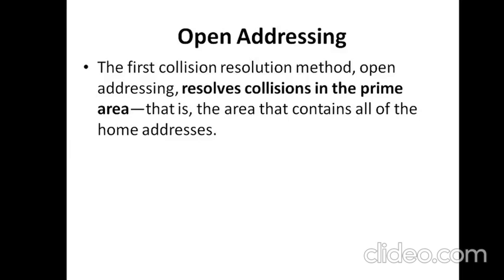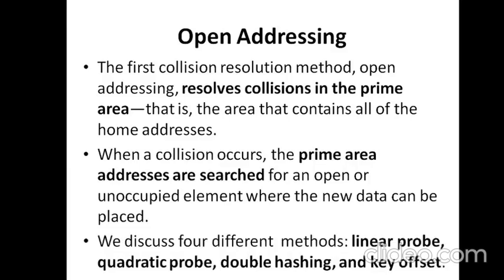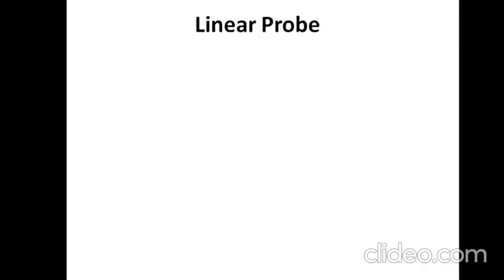But the techniques under open addressing tend to create primary clustering by storing the keys at adjacent or closer addresses to the home key. So when a collision occurs, the prime area addresses are searched for an open or unoccupied element where the new data can be placed. We are going to discuss these four techniques under that, simple techniques which you will easily understand: linear probe, quadratic probe, double hashing, and key offset.